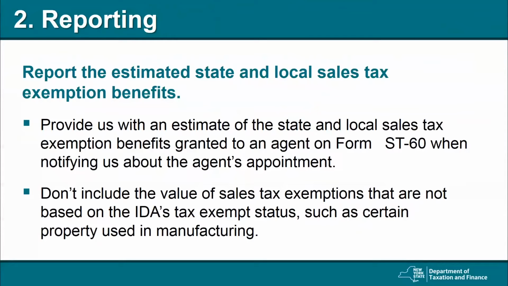Another one is solar energy systems or fuel cell generating equipment. There are many. Computers used to develop software for sale are exempt to all taxpayers. So tax savings from these types of exemptions should not be included in this number that's on the ST60. Only estimated sales tax savings from exemptions that occur because of the IDA's status as an exempt organization should be included in that figure.